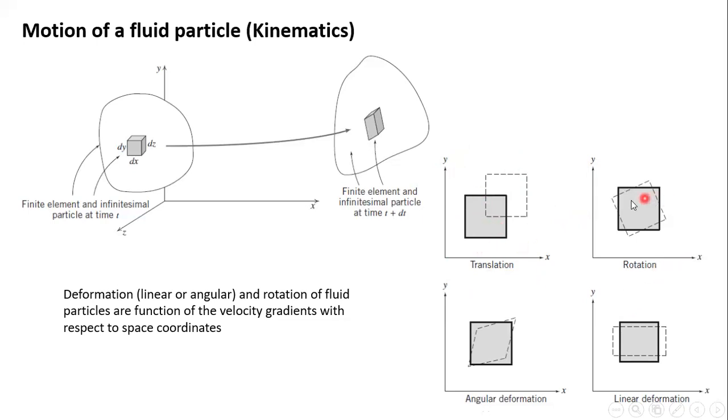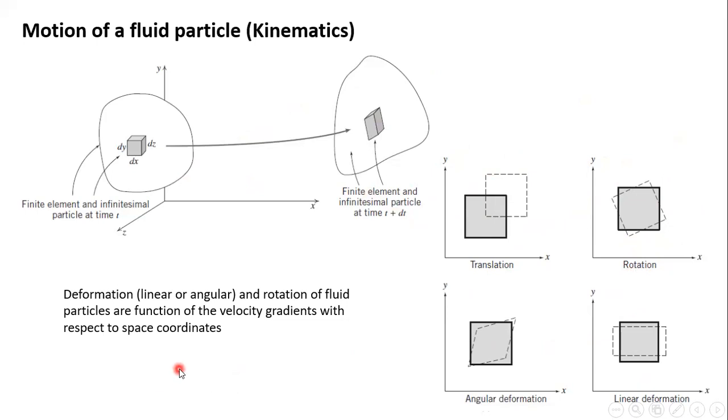Or it could rotate around a certain axis without deformation. This is called a rotation. So as the fluid particle moves in the flow domain, it could experience translation, rotation, angular deformation, linear deformation, or all of these things could happen.